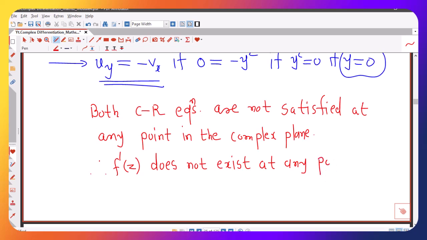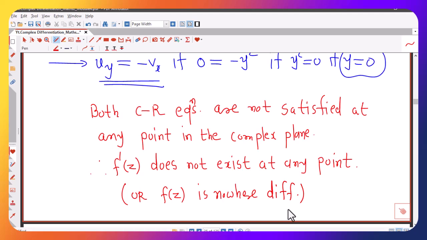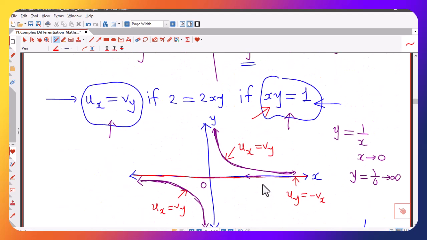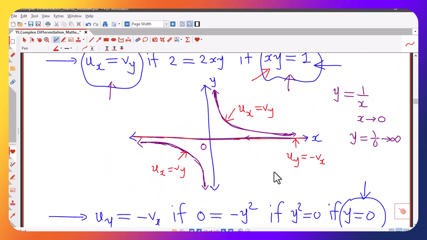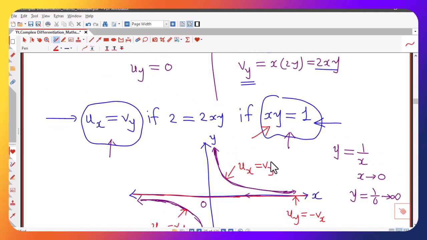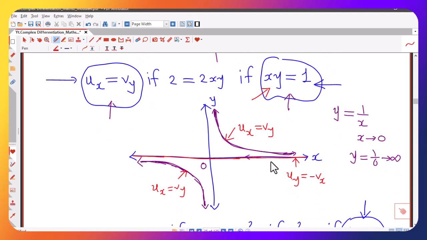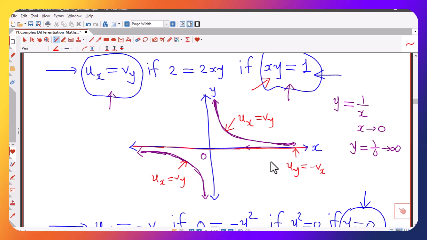In other words, the function is not differentiable at any point, or we can write that f of z is nowhere differentiable. F of z is nowhere differentiable. Now suppose you don't want to sketch this figure, then also it is fine. It is not necessary to sketch the figure. This is just to understand the geometry, how we can find out the common points.